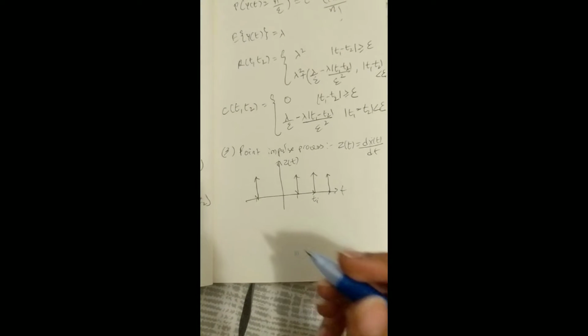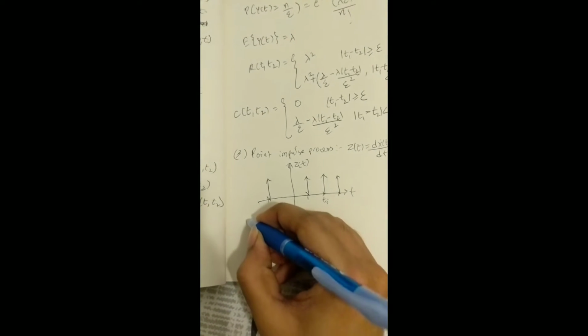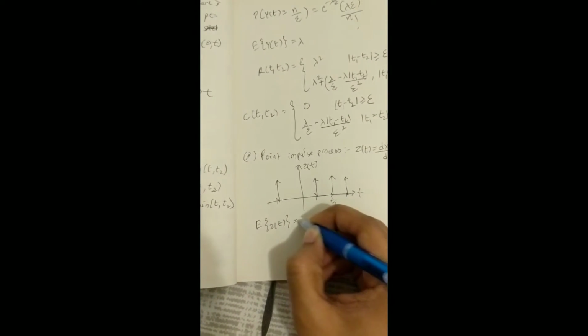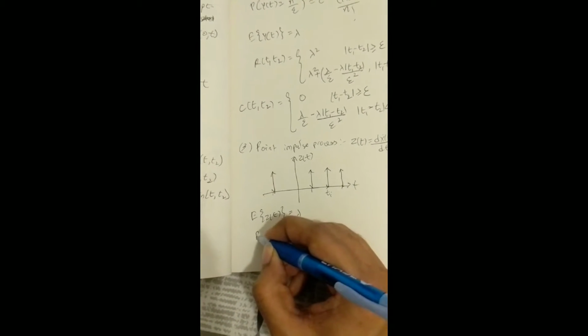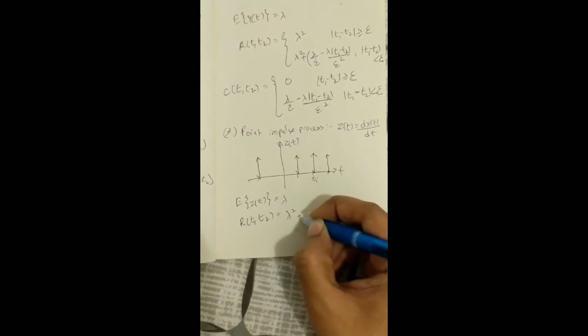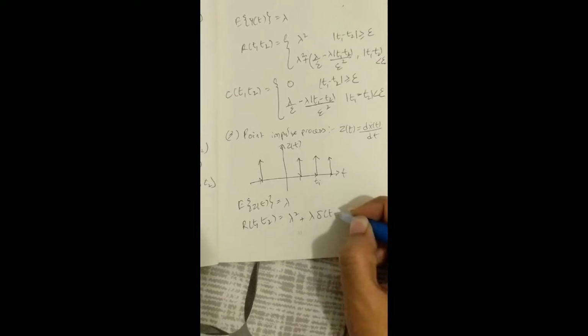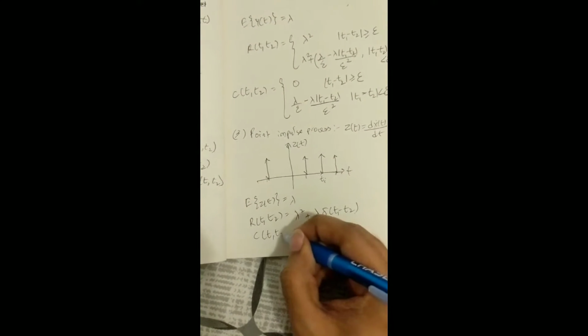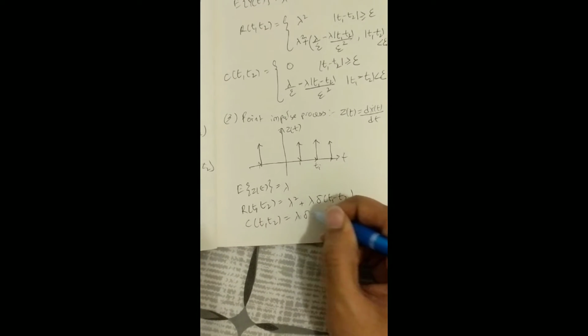And some properties. There's no definition for probability masses, but the mean e of z of t is equal to lambda. The autocorrelation is lambda square plus lambda times delta t1 minus t2, and the autocovariance is lambda times delta of t1 minus t2.